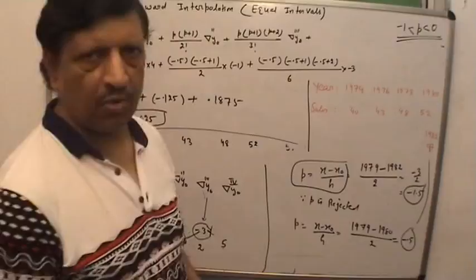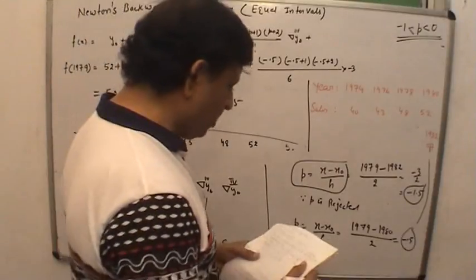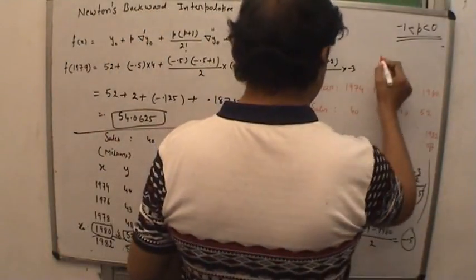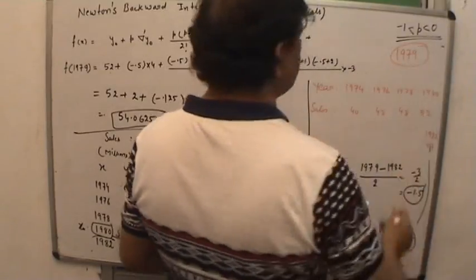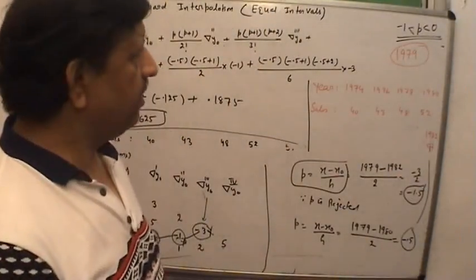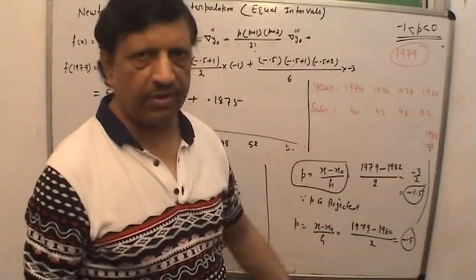It was the data provided, and the requirement was to find the estimated sale for 1979. 1979 is the point of interpolation.